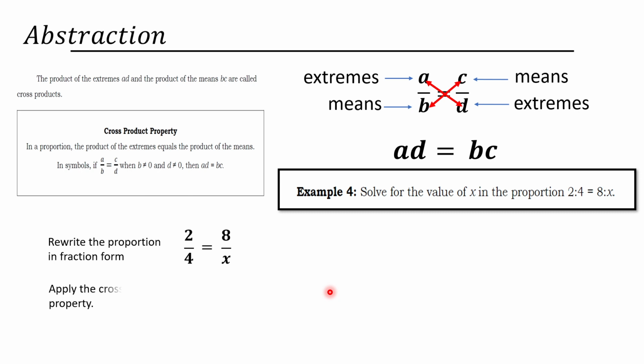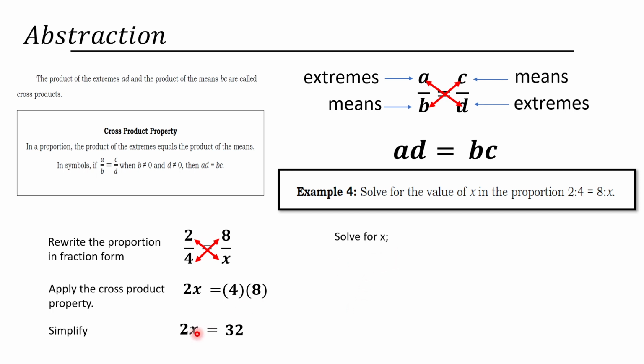Then we apply the cross-product property. Multiply the extremes, which is equal to the product of the means. So, 2 times x, that is 2x, is equal to the means, 4 times 8. Then simplify: 2x is equal to 32.